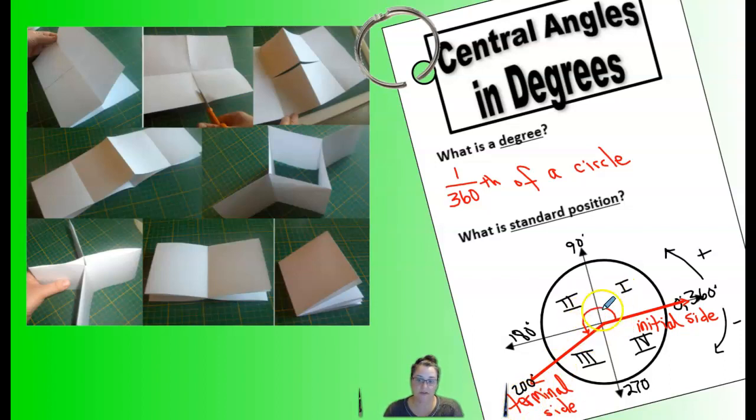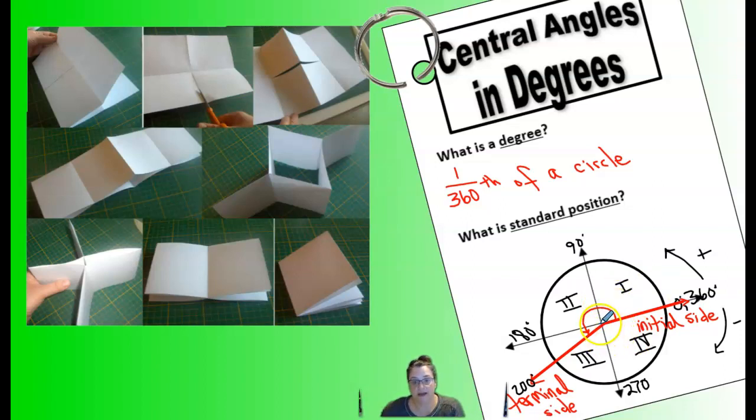So I have to put this curve here showing the direction that the terminal side moved with respect to the initial side. So that angle is 200 degrees. That's important because I could also rotate in the clockwise direction and I would have a negative angle in that case. So my negative angle would start at the initial side and it would go clockwise to the terminal side. So I need to indicate with that curve from the initial side what the direction of movement was.